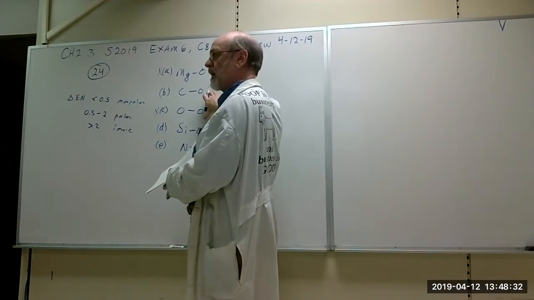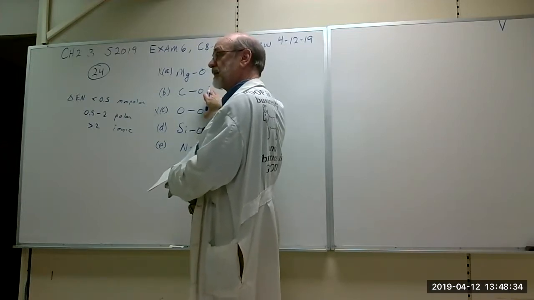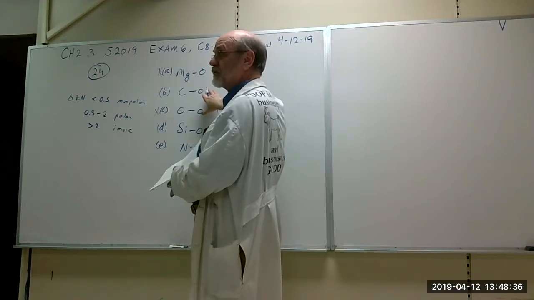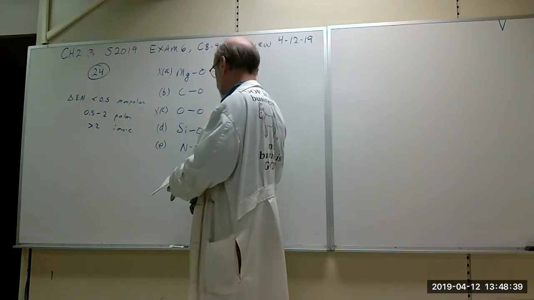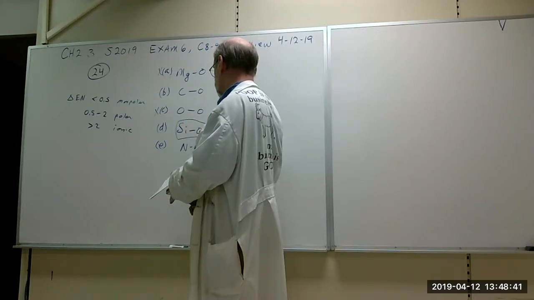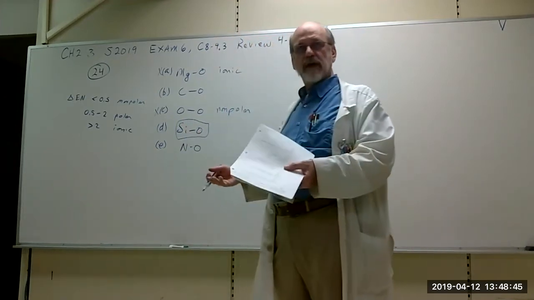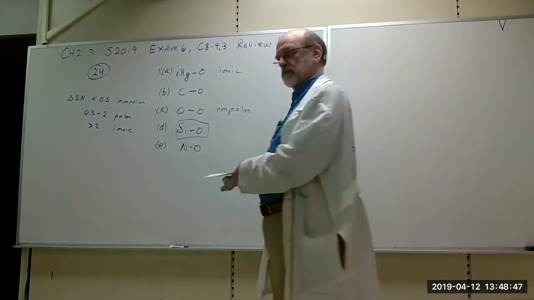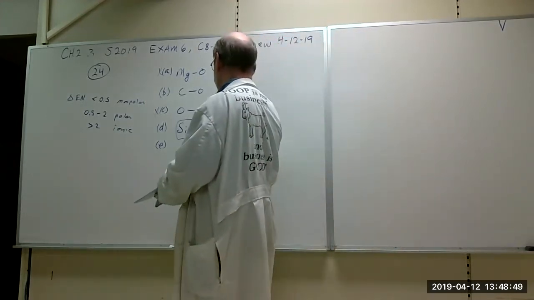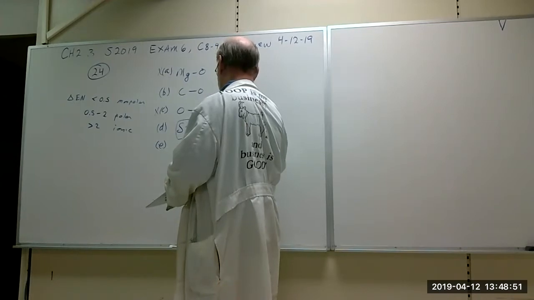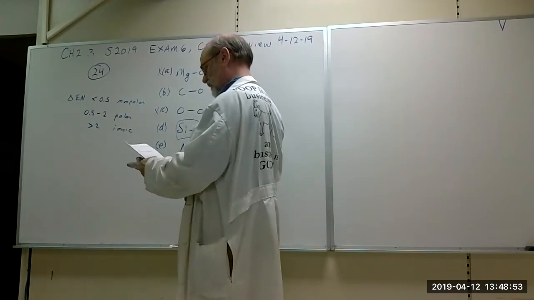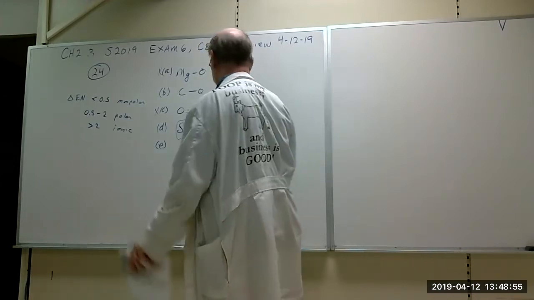How about silicon and oxygen? Silicon is to the left 2 steps and down 1 step. It's not far enough apart to be ionic. So this one has to be the most polar. I think that's the answer given. Yeah, D.